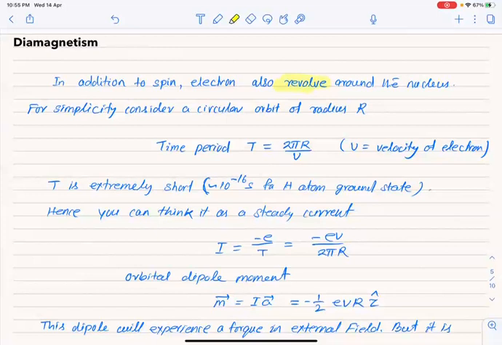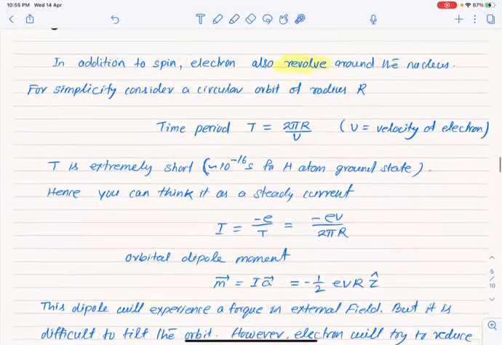Now the time period for this circular orbit will be 2 pi r by v, where v is the velocity. So 2 pi r is your circumference, and the time taken to complete one revolution will be 2 pi r divided by the velocity. Now, this time period is extremely short, of the order of 10 to the power minus 16 seconds for a hydrogen atom in ground state.